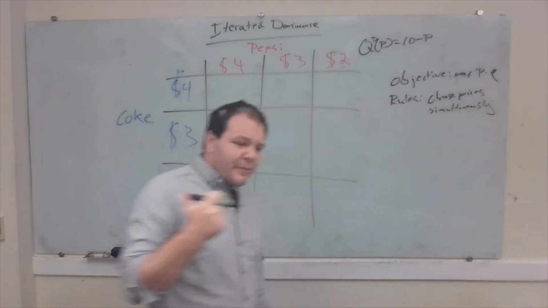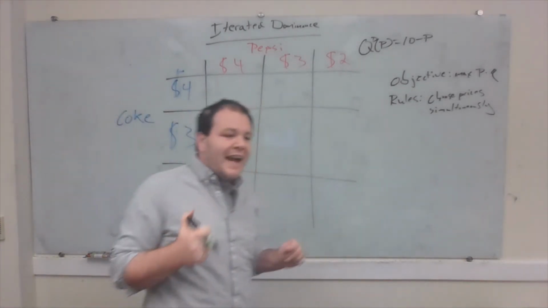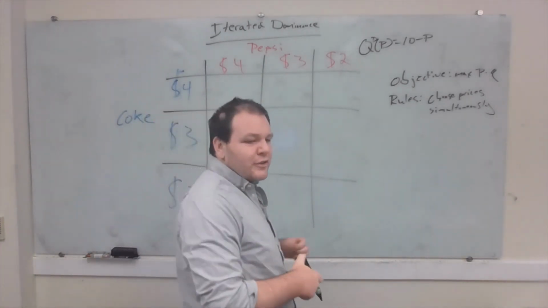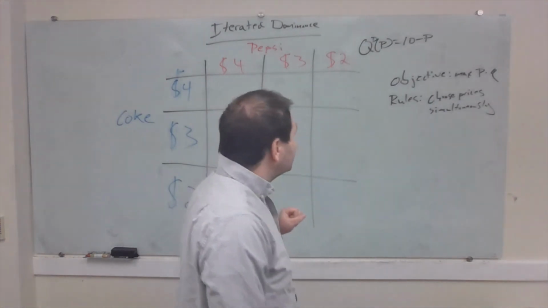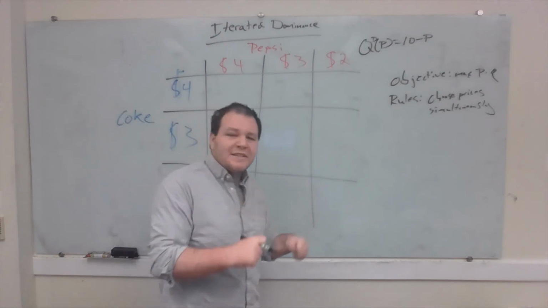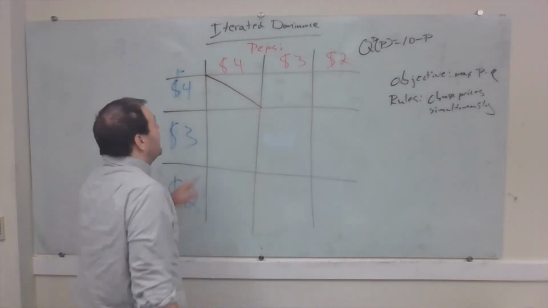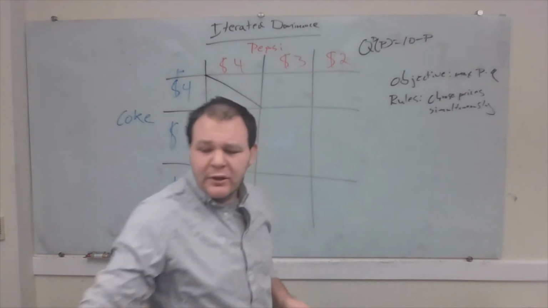Their payoff is going to depend on whether they've got the high price, the low price, or a tie. Whoever is charging the lowest price is going to get all of the customers, but if the two companies charge the same price, they'll split the customers in half.